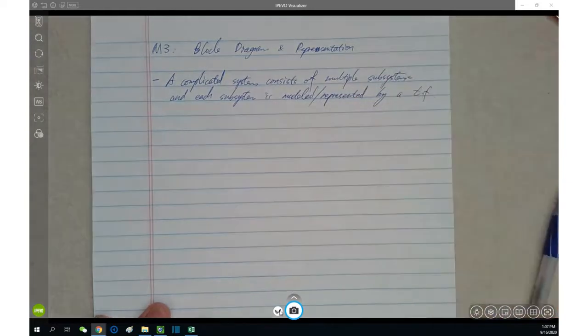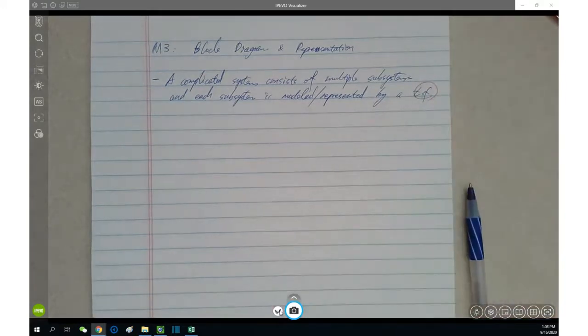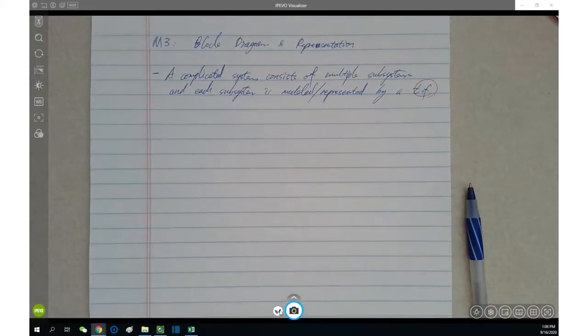Your subsystem is modeled by a frequency domain transfer function. This is what we did in the previous module 2: modeling the subsystem. Then these subsystems comprise a complicated overall system.